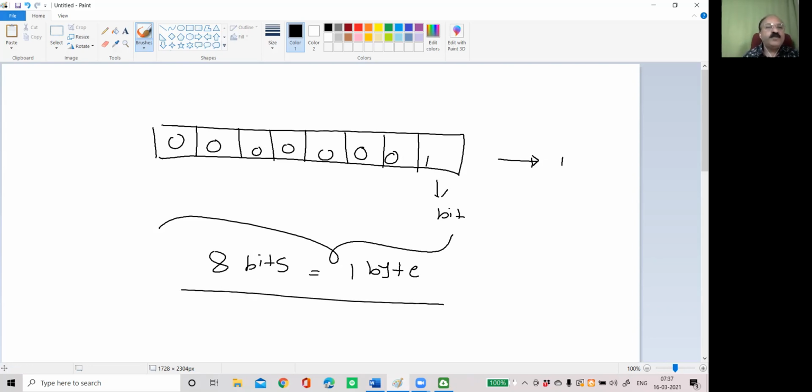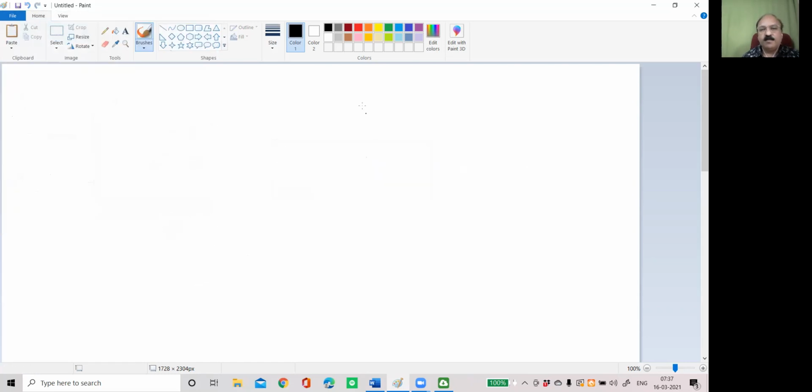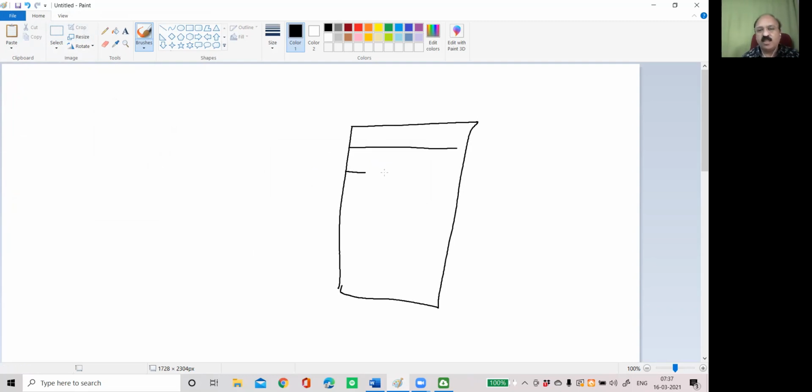So when we see the memory, memory is used to store the data or instruction. Now microprocessor reads the data or stores the data in the memory.